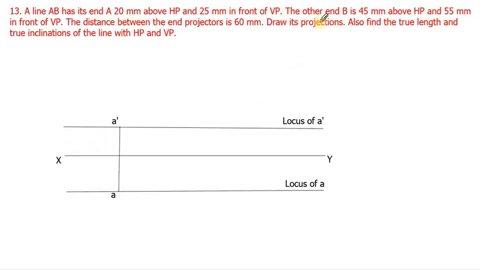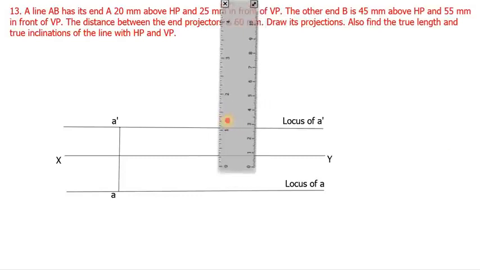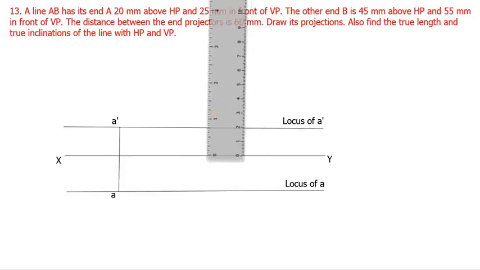Okay. Then it is given that the other end B is 45 mm above HP. So we can mark the locus of B dash, that is 45 mm from XY. Similarly, 55 mm in front of VP is given. So we can mark the locus of B at a distance of 55 mm from XY. So that's what I am going to do. Take the scale. From XY, mark 45 mm distance, that is the above HP point.